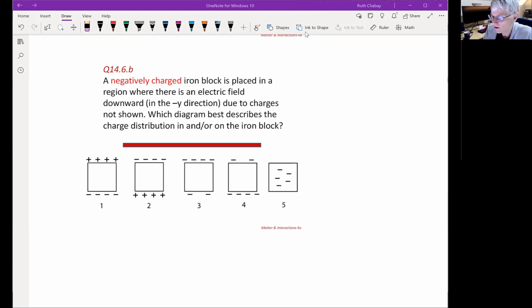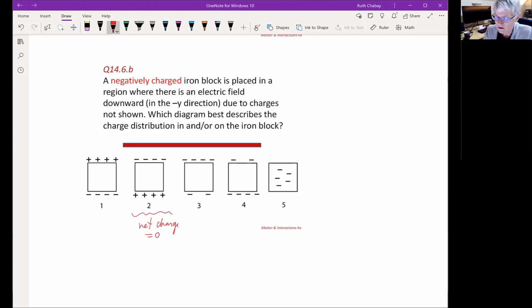Okay, 2 is the most popular answer, but 3 is also popular. And 3 is actually a much better answer than 2, as we'll see here. So why is that the case? Well, in this diagram, the number of pluses equals the number of minuses, so the net charge is 0. But we know that the iron block was charged negative.